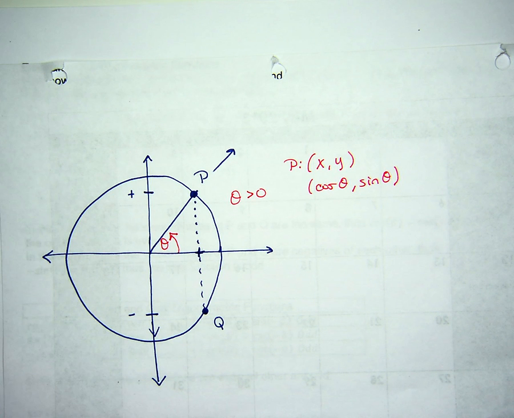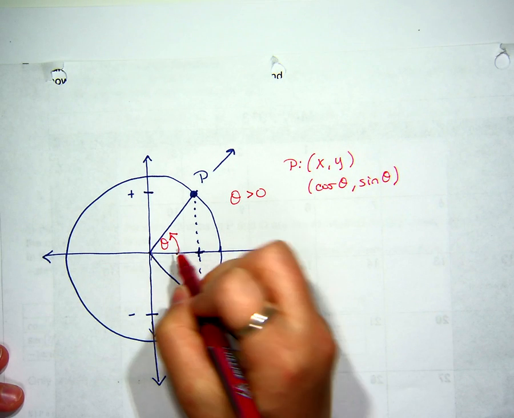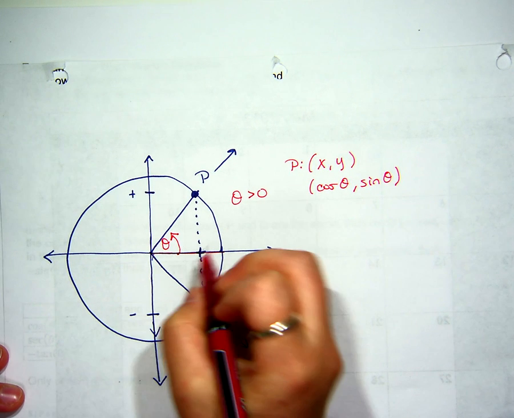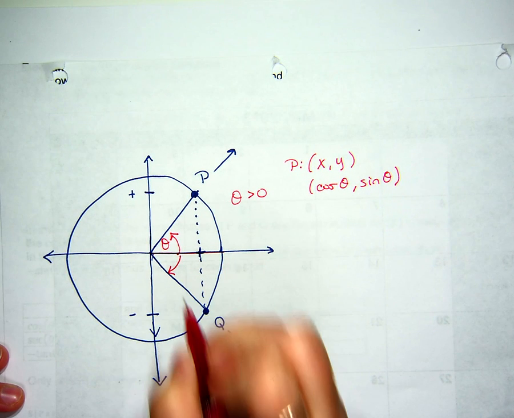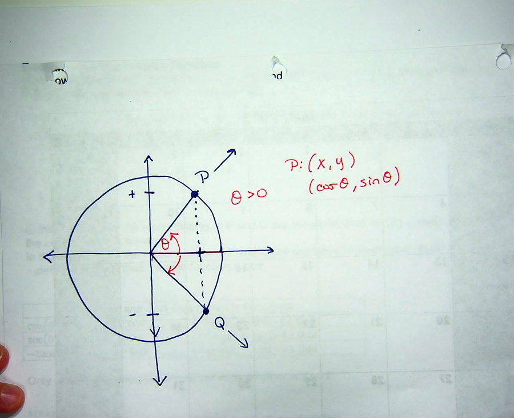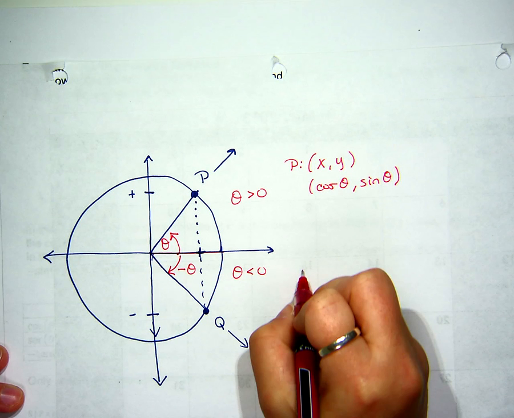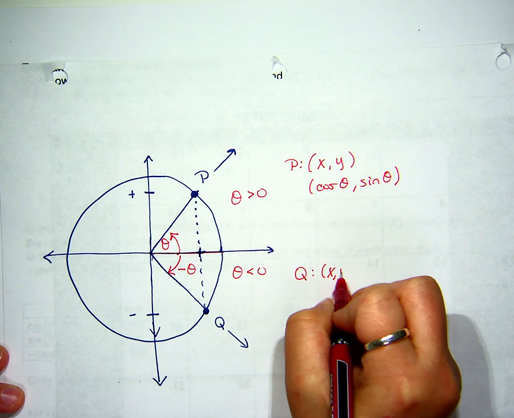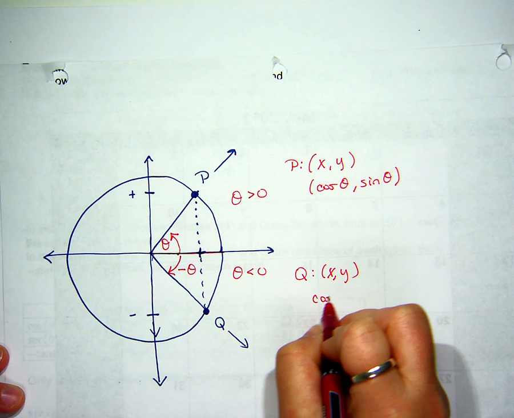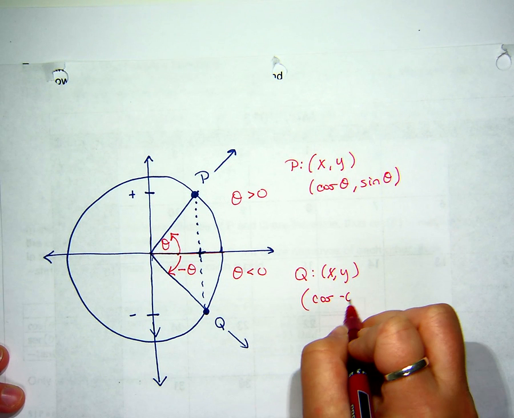Now if I want to talk about the angle on Q, I would open from my standard position, initial x-axis, I would actually open down. So that means my theta would be negative, theta less than 0. So my point Q, being x, y, would be cosine negative theta, sine negative theta.